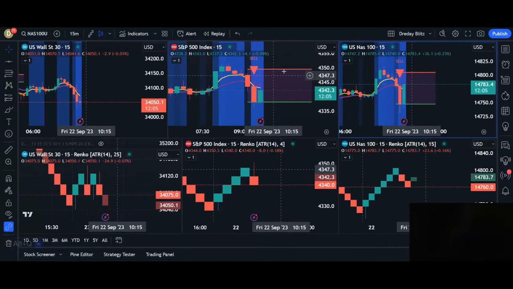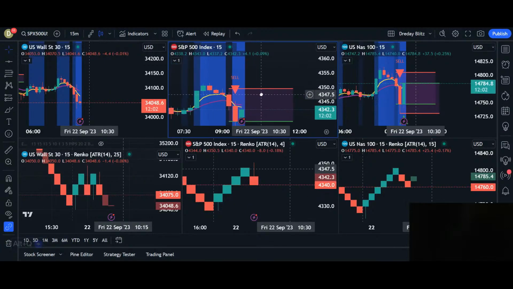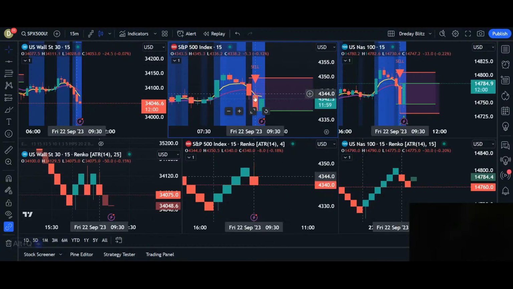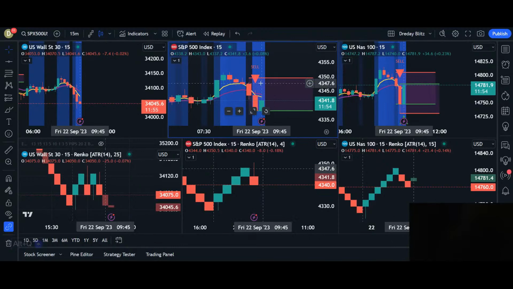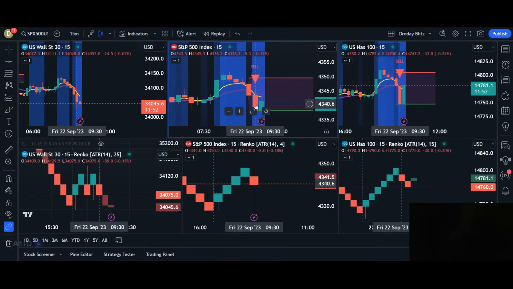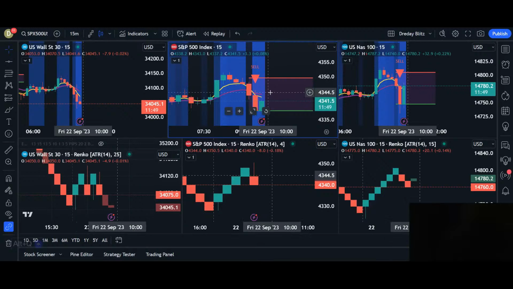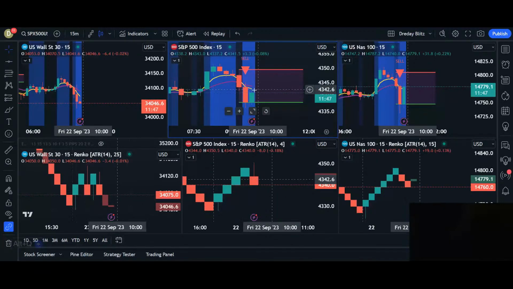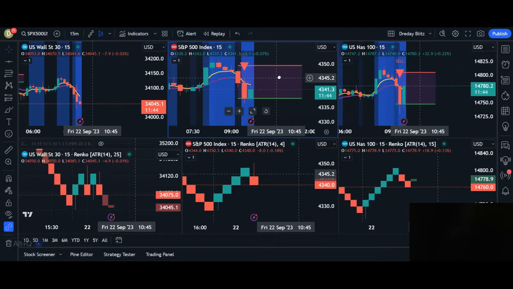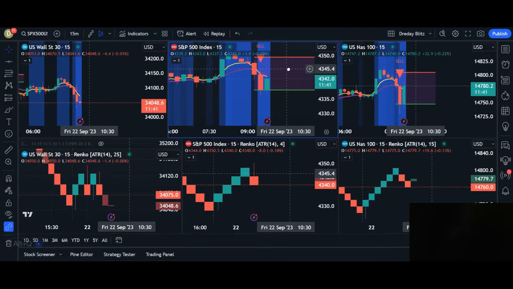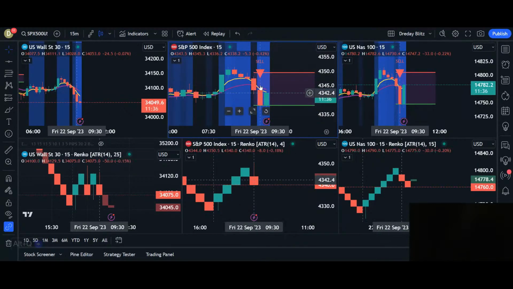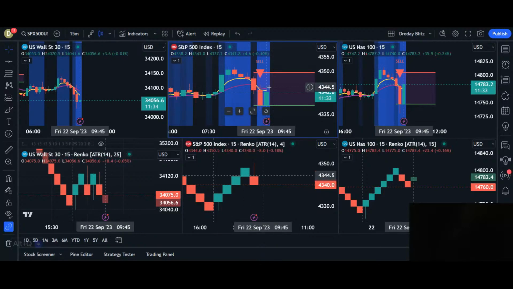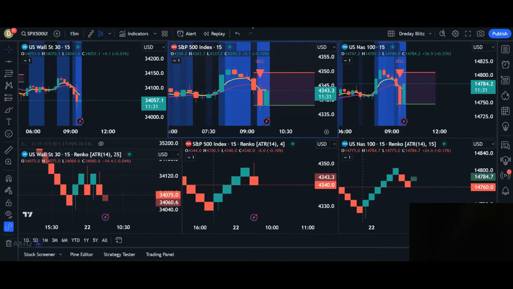But based on the news event, it should push up. So that was basically a fake out, a fake out to the downside to trap positions going short. That was a stop hunt, and that's the reason why you need to wait until the news event is out to confirm where you should position yourself in the market.